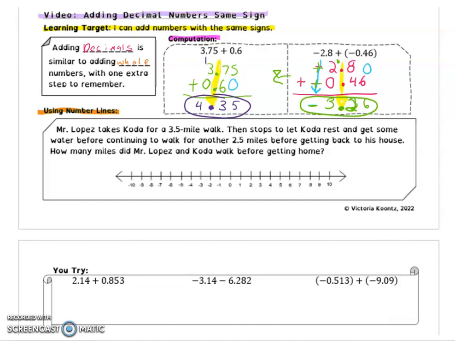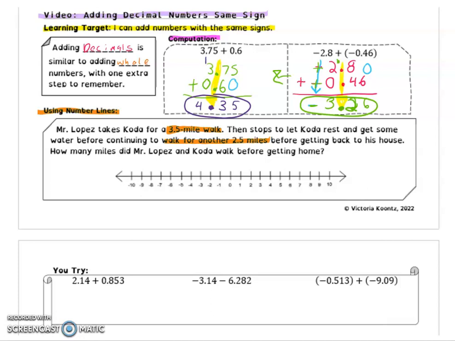Okay, so Mr. Lopez took Coda for a 3.5-mile walk. So they walked for 3.5 miles. And then they stopped. Because that was a long time, right? They walked for a long time. And they drank some water. That's important for their health, but is it important for our math problem? No. But then they walked for another 2.5 miles, right? Okay, so we walked for 2 more miles.